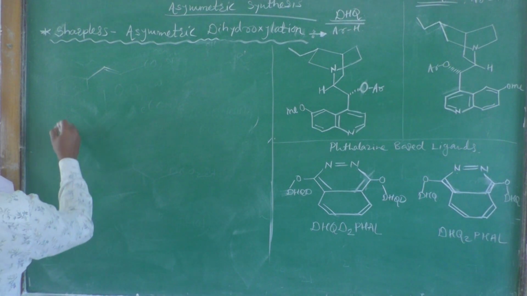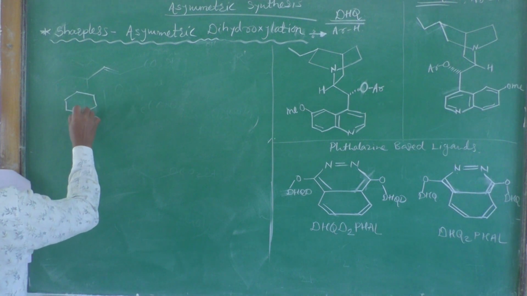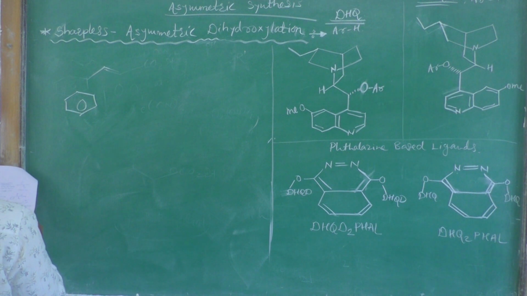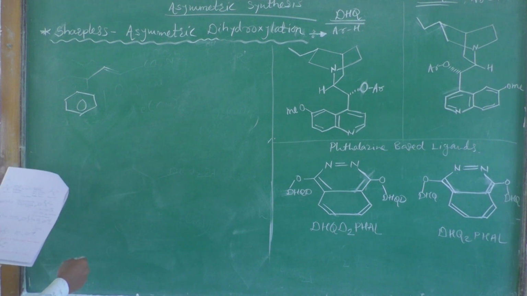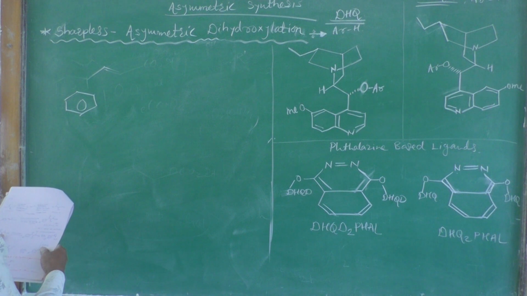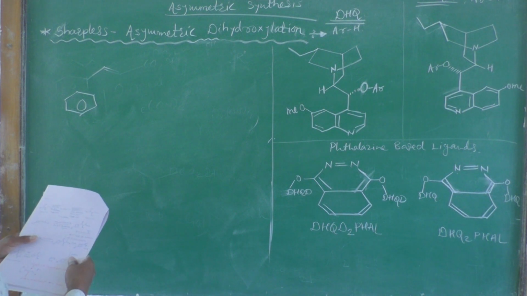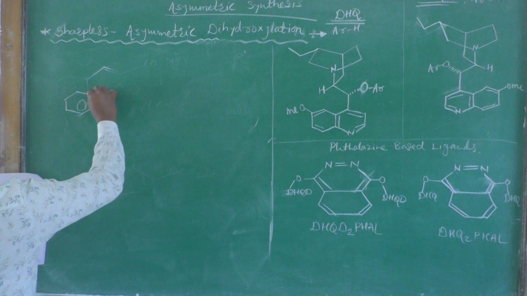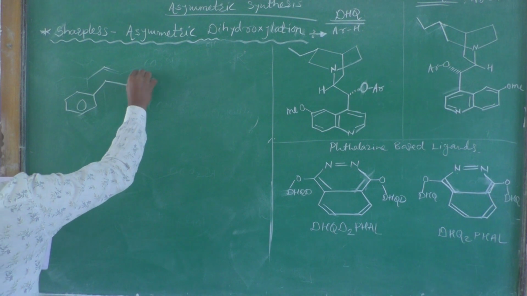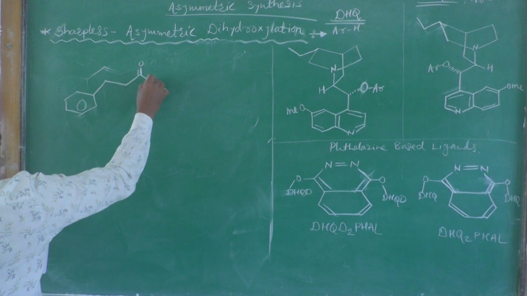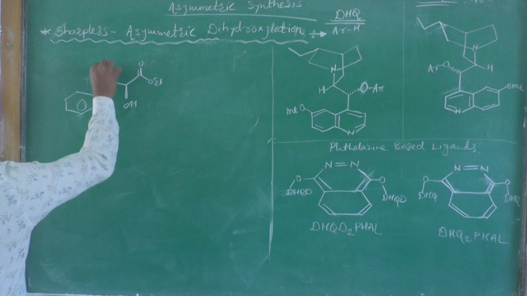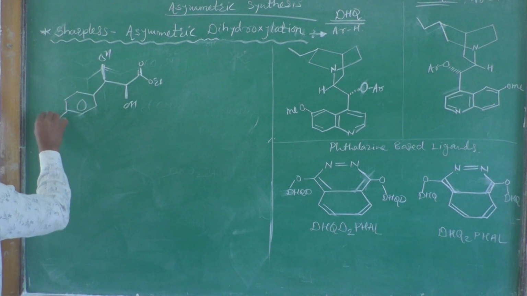So let us see the problem. The product that we obtained here can be used in the synthesis of chloramphenicol. I am writing that reaction for the synthesis of chloramphenicol: CO2Et, then hydroxy group, para-nitro group.